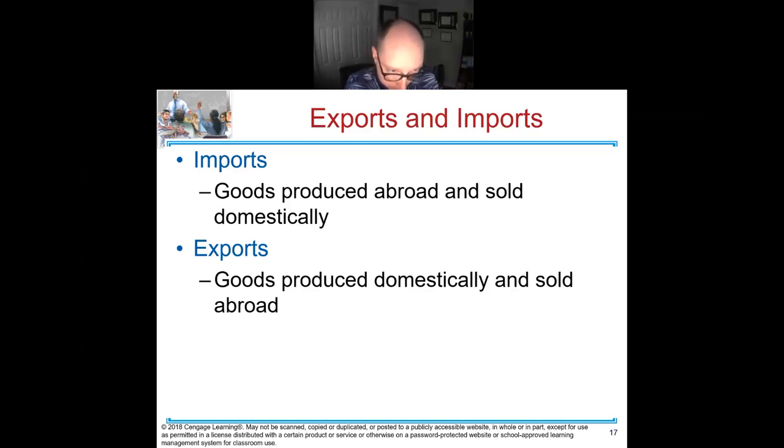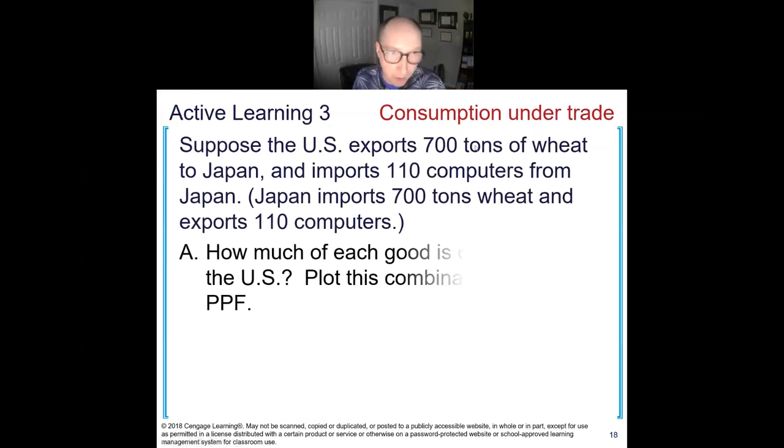That's an import. An export is when in the United States we've produced enough product to sell to other countries. Import, good coming in. Export, good going out.